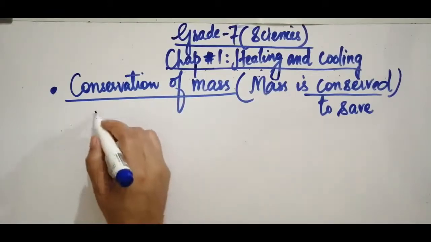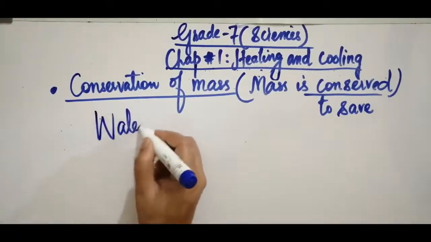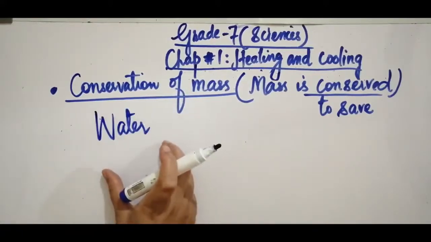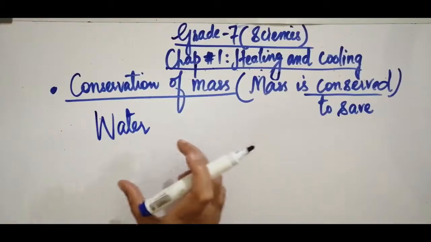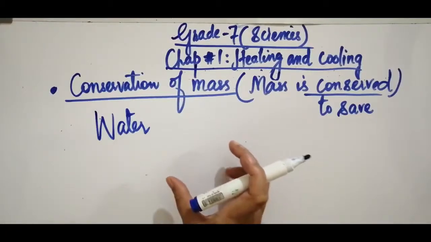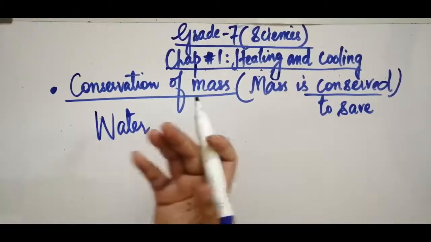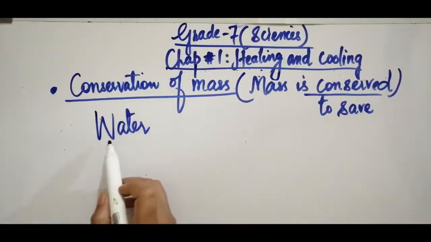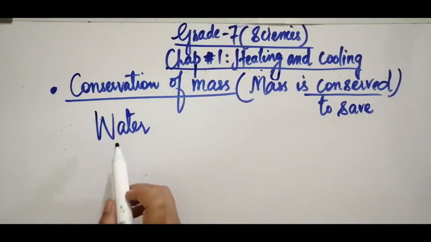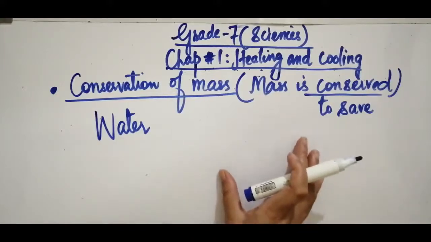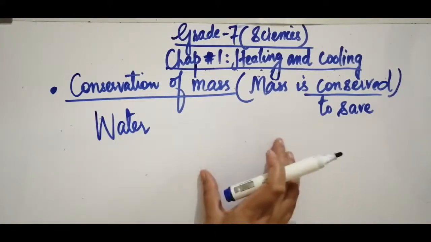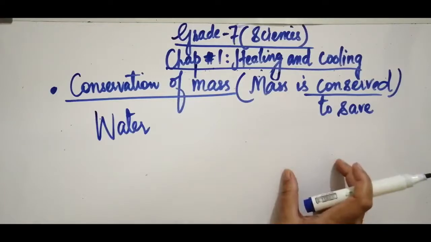Consider the example of water. As we have seen, we have different types of substances, just like water, which is a universal solvent, and water occurs in all different states of matter: the solid, ice; liquid water; and the gaseous form of water.